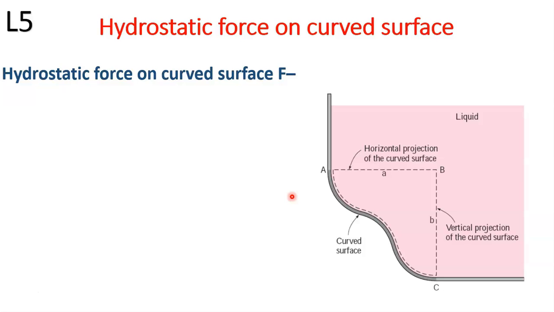Now here you can see in the diagram that we have a curved surface which is carrying liquid. On the right hand side we are not interested in the geometry, therefore only this section is relevant. Here we have the horizontal projection of the curved surface, and on this line we have the vertical projection of the curved surface.